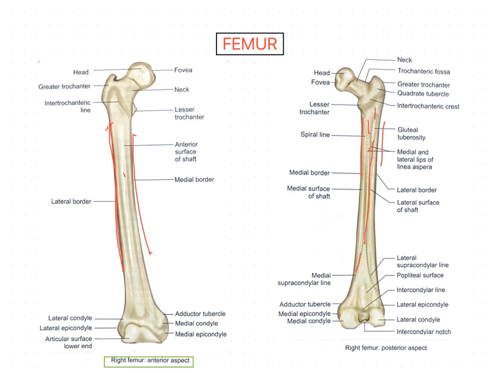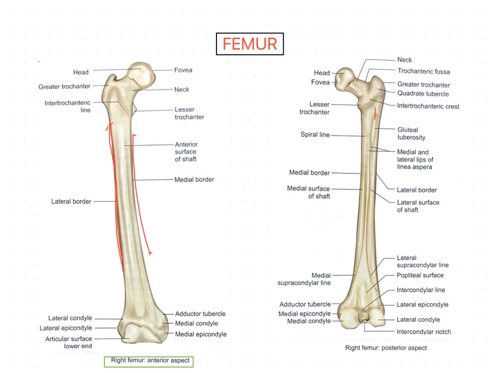At the lower aspect you can see the separation of the linea aspera very clearly. On the posterior aspect we find the posterior border called the linea aspera.